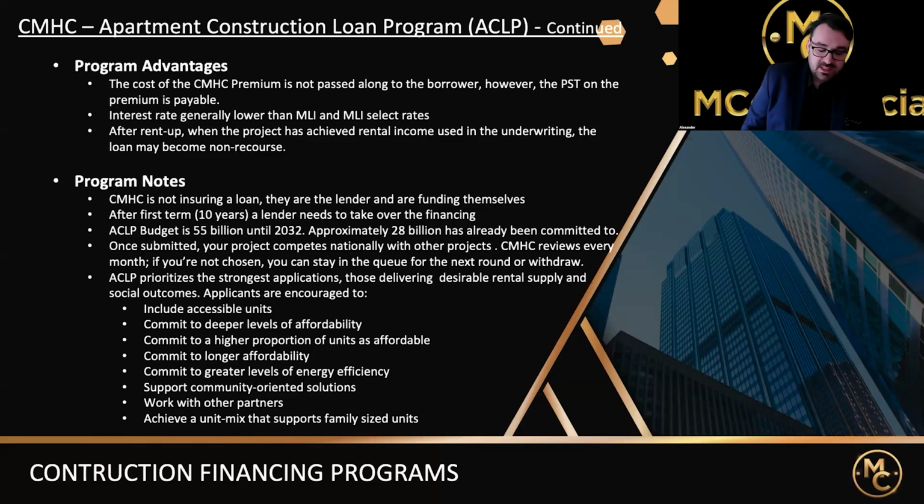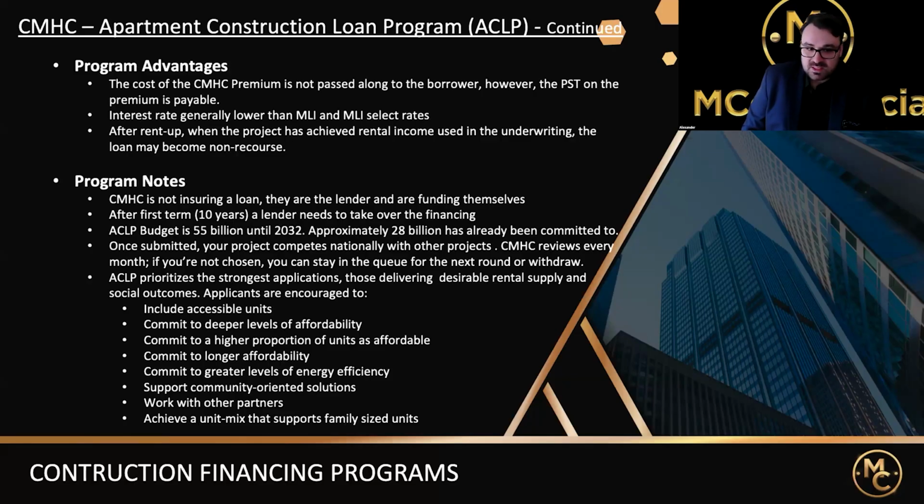Ways to optimize and help you get picked. Well, CMHC actually prioritizes the strongest applications, of course, based on the scoring, and those who deliver desirable rental supply and social outcomes. And they're actually encouraging clients to include accessible units because it's not a requirement to have them, but you'll get more points if you do, and to commit to deeper levels of affordability.